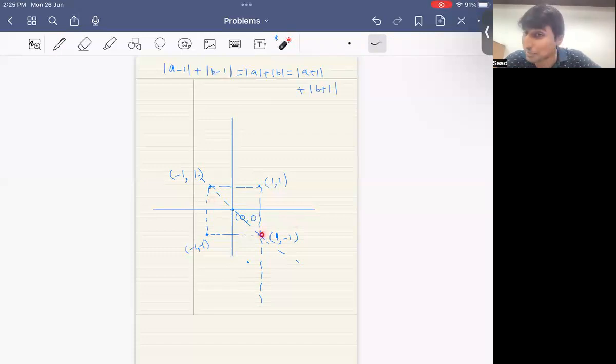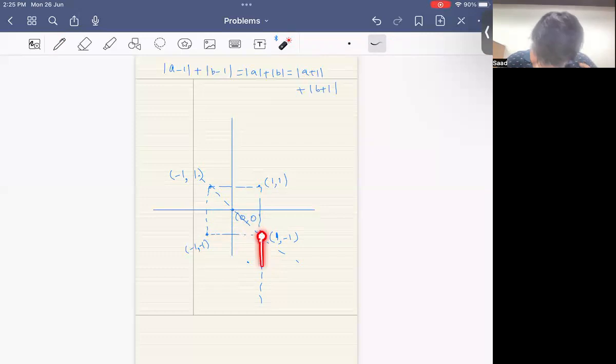Notice that 1, -1 satisfies, and even if there is a point which lies in this region and which is equidistant from these 3 points, it just so happens that for this point, mod of a minus b is going to be much more than for 1, -1. Why?